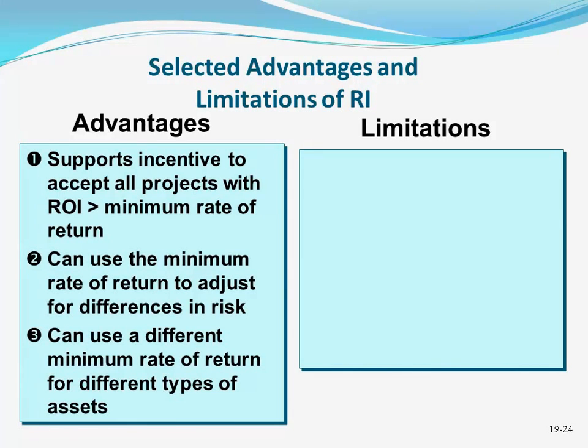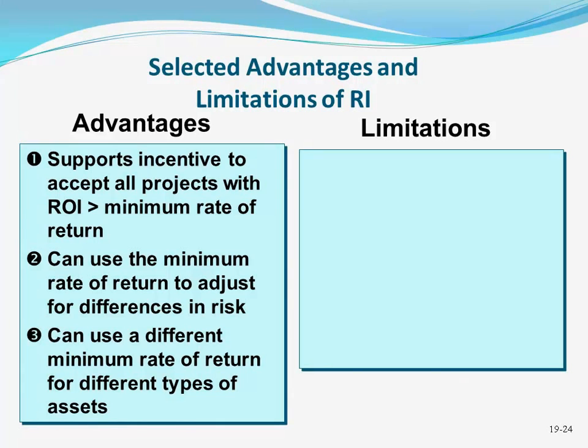Okay, the advantages of residual income and economic value added: it supports incentives to accept projects where the ROI is higher than the minimum rate of return. We saw that. It can use the minimum rate of return to adjust for differences in risk for different projects, different areas, or different product lines.